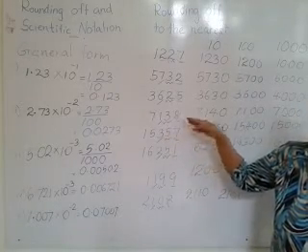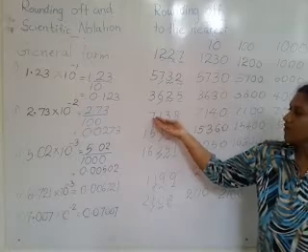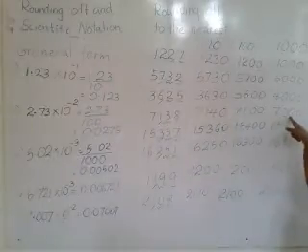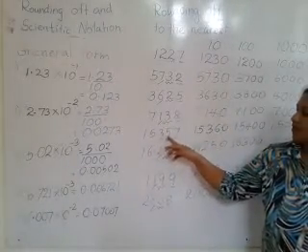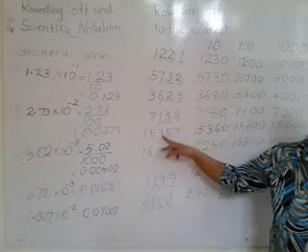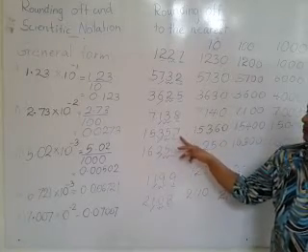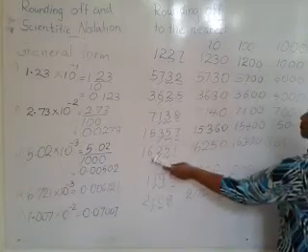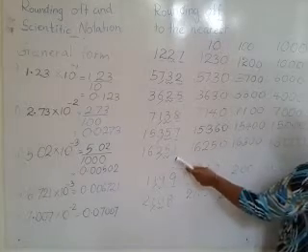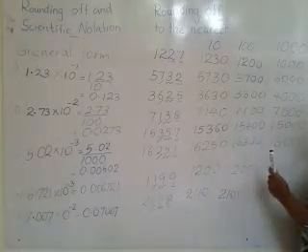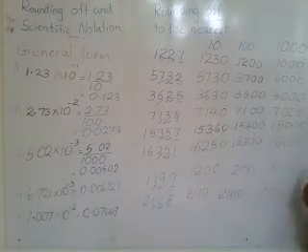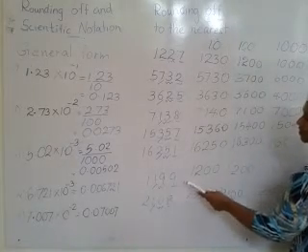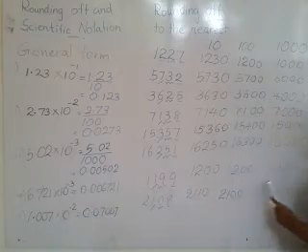7138 is between 7000 and 8000, so it is closer to 7000. 15,357 is between 15,000 and 16,000, but it is closer to 15,000. 16,251 is between 16,000 and 17,000, but closer to 16,000. 1,199 is between 1000 and 2000, but it is closer to 1000.